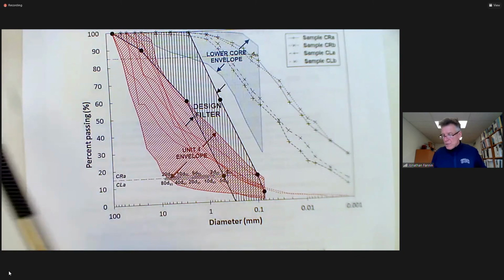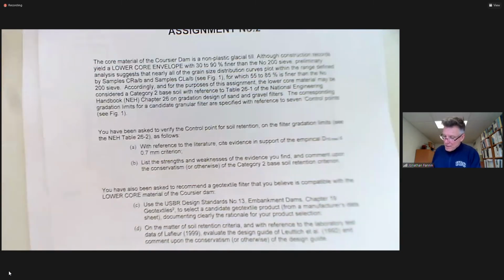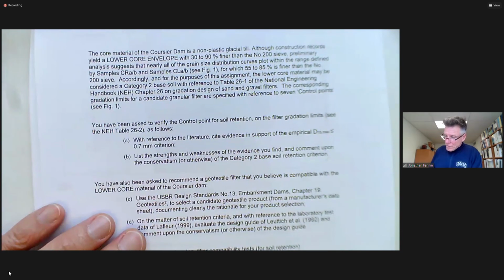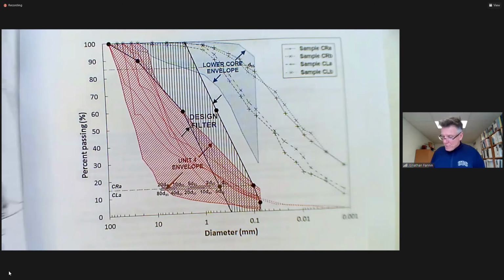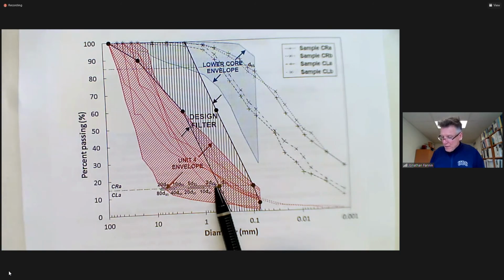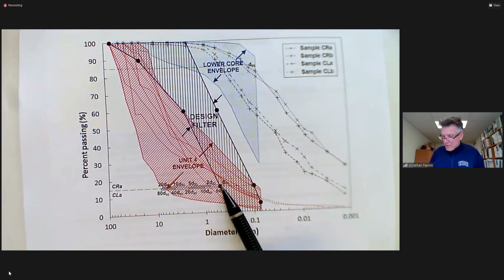So there's a number of practical things that are going on, and so I ask you to note the 7 control points, but with regard to one of them, which is actually going to turn out to be this one, the D15 of the filter is the surrogate to permit for soil retention.